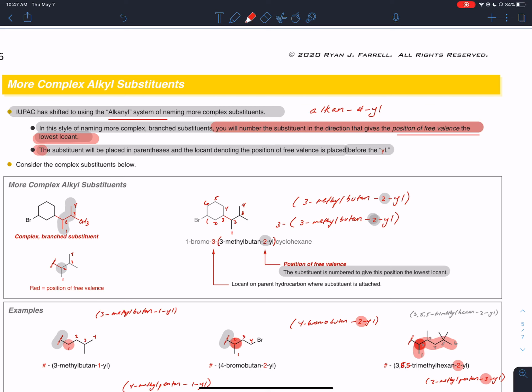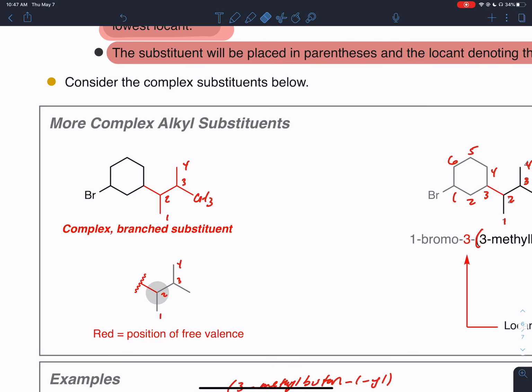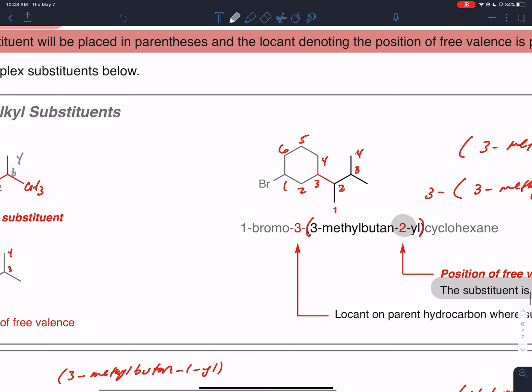We place our entire complex substituent in parentheses, naming any branches off of it, any substituents of our complex substituent, before that longest chain alkyl prefix, and before the -yl component, we put the locant, which signifies the position of free valence, which, going back to our original example here, that position of free valence was at the 2 position, and therefore it was the locant 2 that came before the -yl.